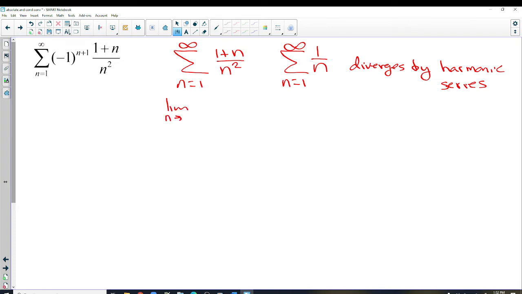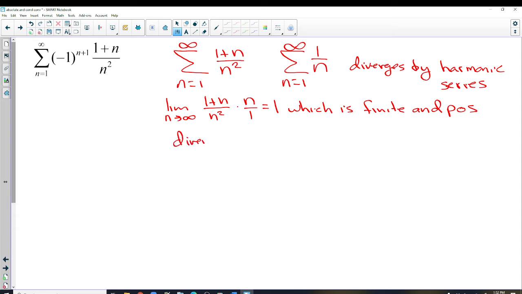Limit as n approaches infinity of 1 plus n over n squared, multiplied by n over 1. That is equal to 1, which is finite and positive. And if that happens, they diverge together or converge together. So it diverges by the limit comparison test.